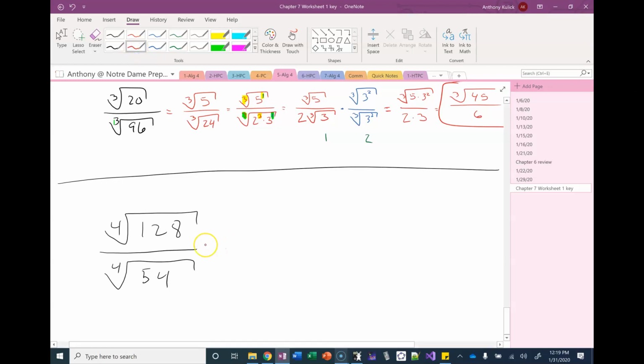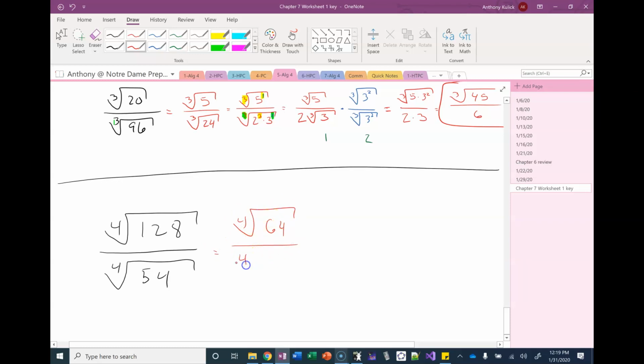Okay. So first things first, let's see if we can do any reducing. Can we reduce 128 over 54? Yes. How do we know? They're both even, right? For sure we can reduce two even things. So 128 divided by 2 is 64.